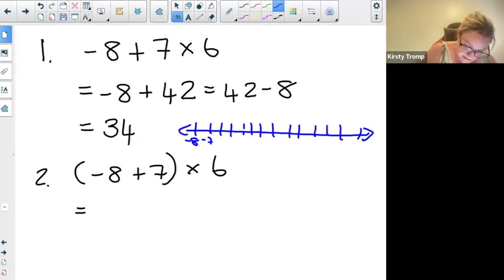Negative 8, negative 7, negative 6, negative 5, negative 4, negative 3, negative 2, negative 1, 0, 1, 2, 3, 4. Okay. Here I am at negative 8 and I need to plus 7. So 1, 2, 3, 4, 5, 6. I land at negative 1.